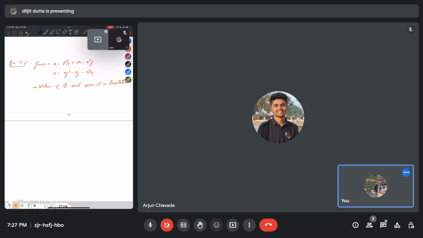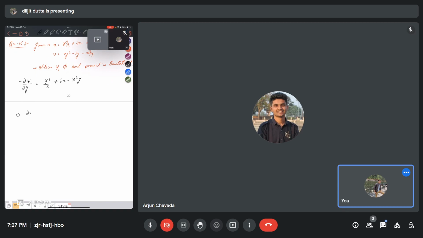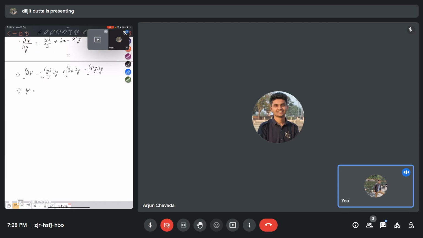So if we take u equal to minus del psi by del y, which equals the expression with x square y, we'll integrate and we'll get psi equals minus of the y cube term plus 2xy minus a function of x.